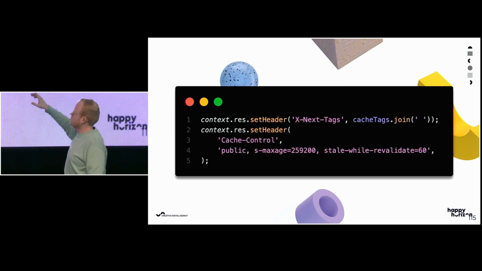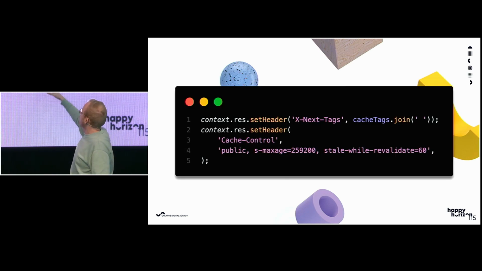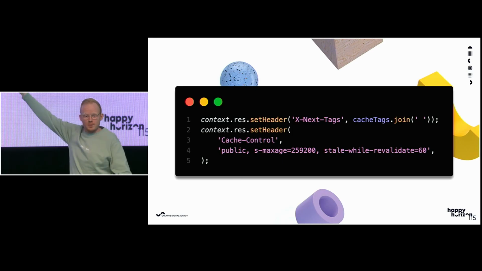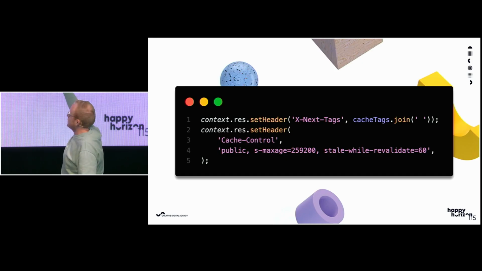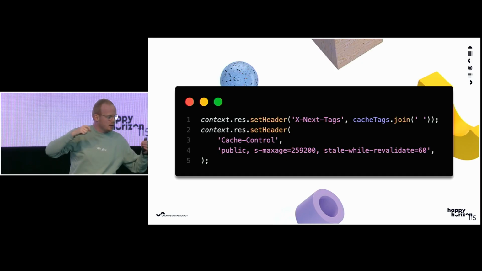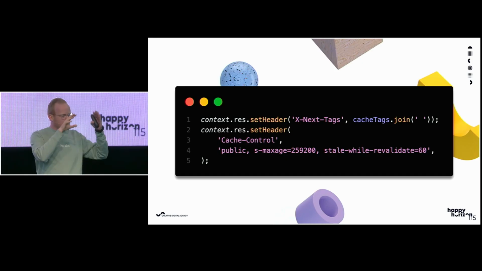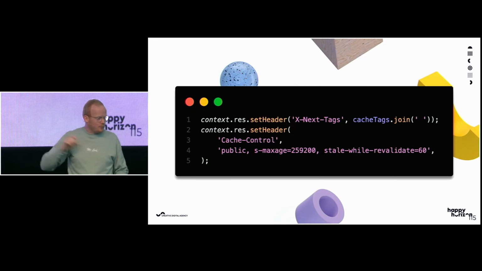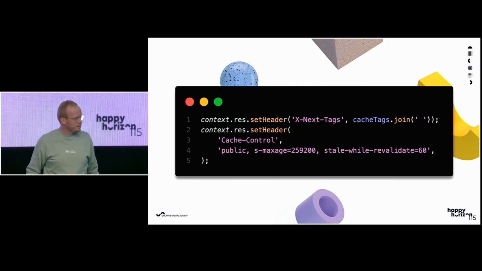So what I did is I set Cache-Control, and I add Next-Tags, which is just the name I gave it, with cache tags, which in the case of the catalog are the category and the products within. So then you have cache tags on your document, so Fastly can cache it.